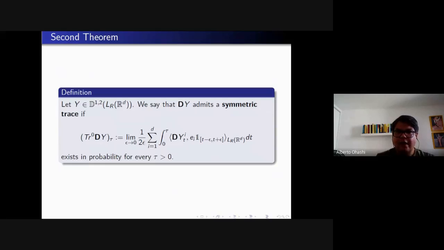And then I consider Y as a process, and I assume that DY exists in the sense of Malliavin calculus. I will define tr DY as just this trace term, specified in terms of the Malliavin derivative. And R is our Hilbert space, the reproducing kernel Hilbert space in the Malliavin calculus sense. So this convergence here takes place in probability, because this is the definition.